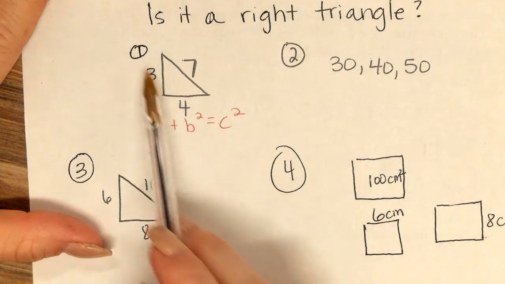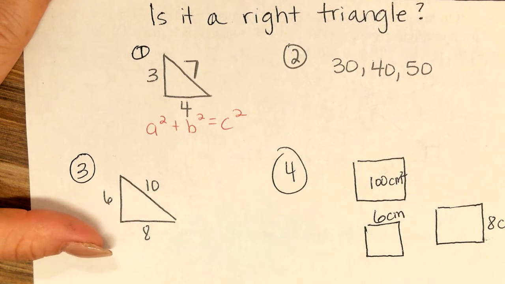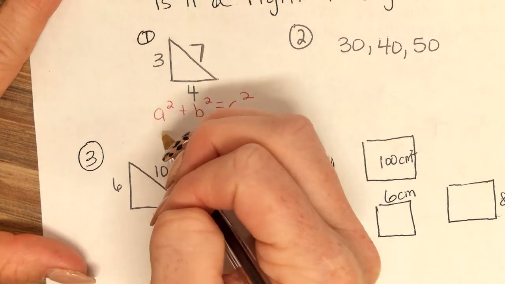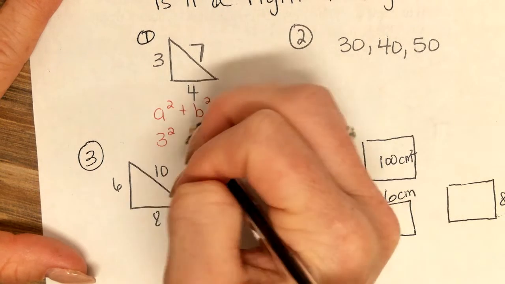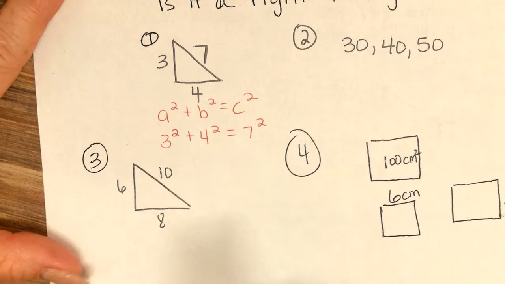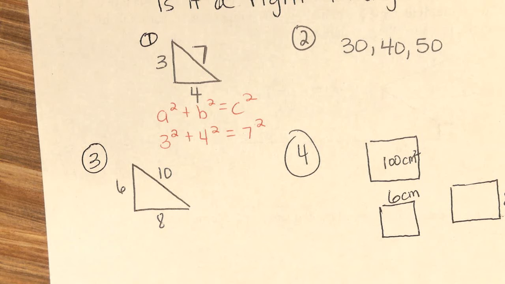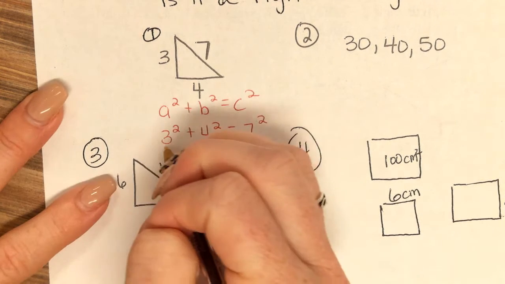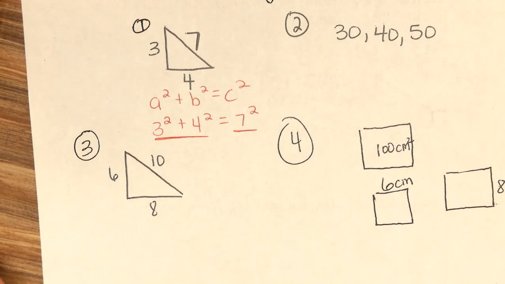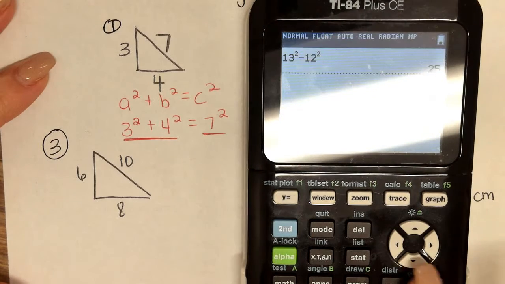So which one of these numbers would have to be the c? The 7. So I would say, is 3 squared plus 4 squared equal to 7 squared? Do y'all see that I'm not solving for anything? All I'm going to do is write yes or no. So you're not going to use your square root button on these. You're simply going to type this in and this in and see if they give you the same answer. So type in 3 squared plus 4 squared.